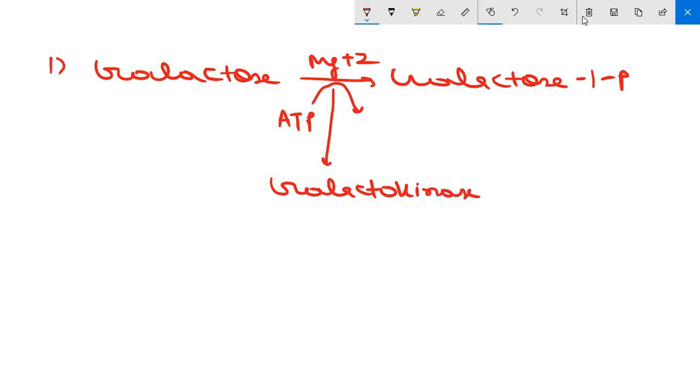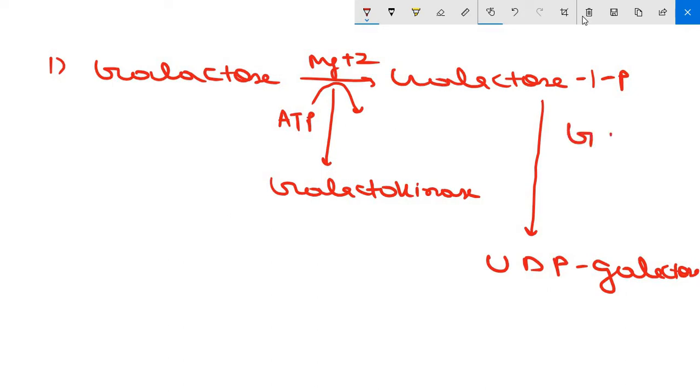Now this galactose 1-phosphate is converted into UDP galactose. The enzyme working here is GALT, that is galactose 1-phosphate uridyl transferase. This is the rate limiting step of galactose metabolism.